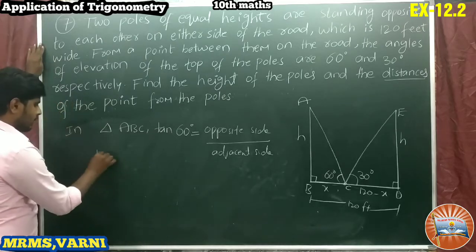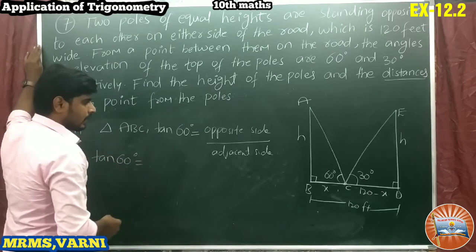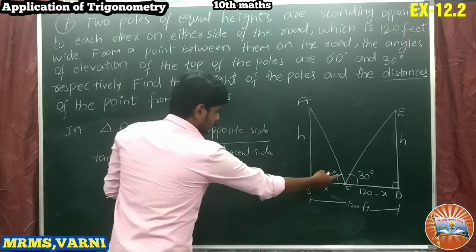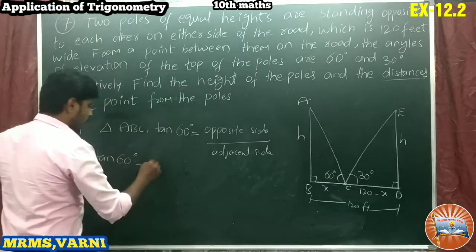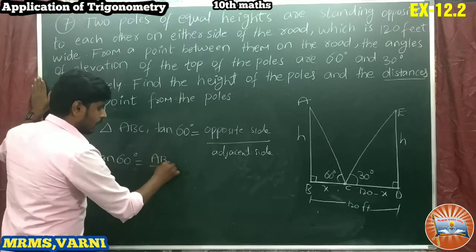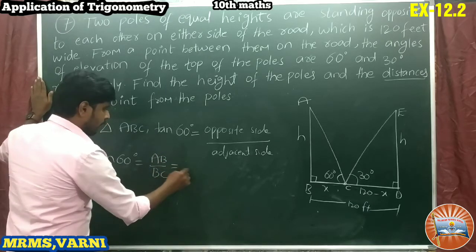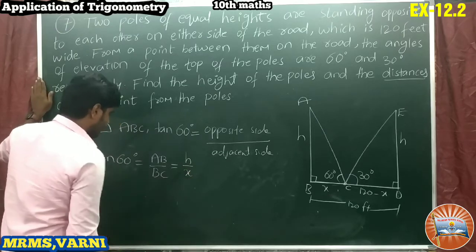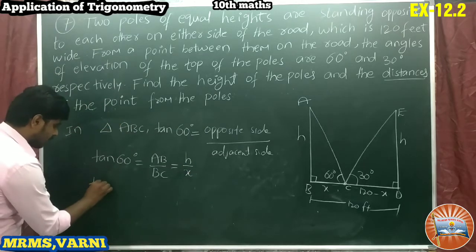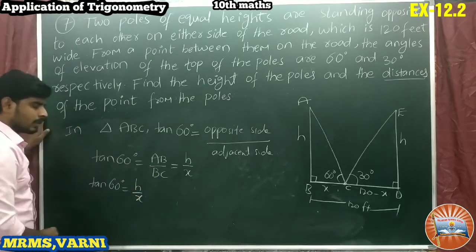So write down here tan 60 is equal to the opposite side. The angle is here, this is the 60 degrees angle. So the opposite side is nothing but AB by the adjacent side, that is BC. The AB value we have is H and the BC value we have is x. So let us write here tan 60 degrees is equal to H by x.